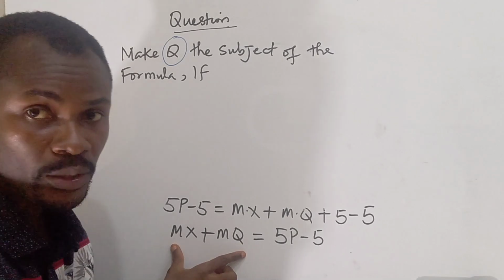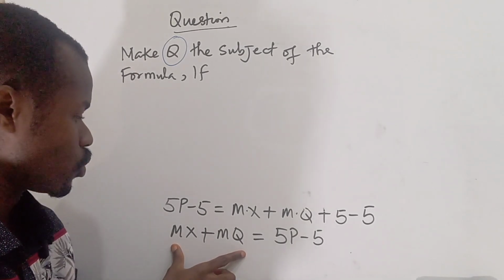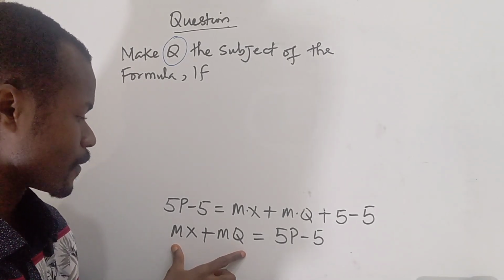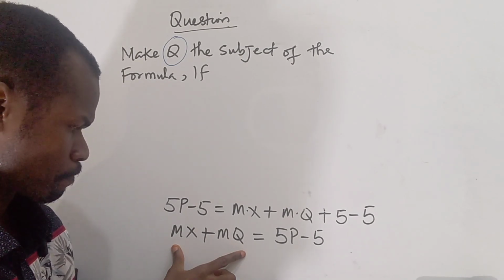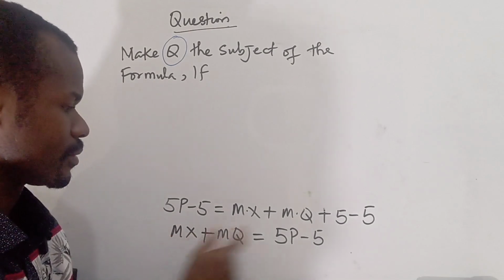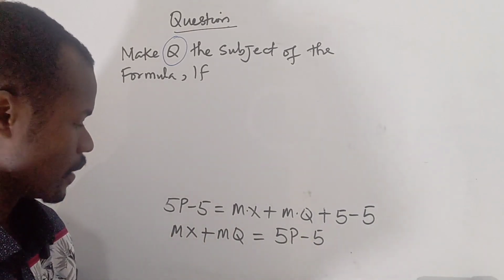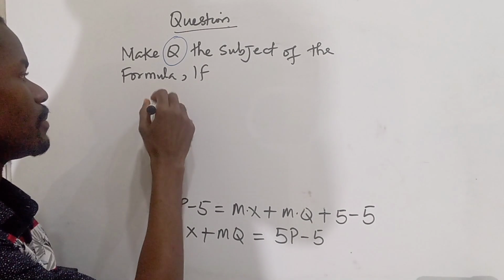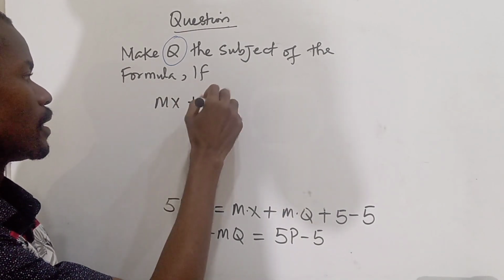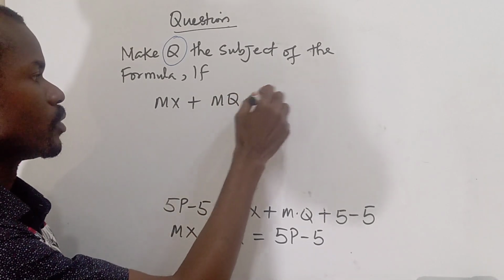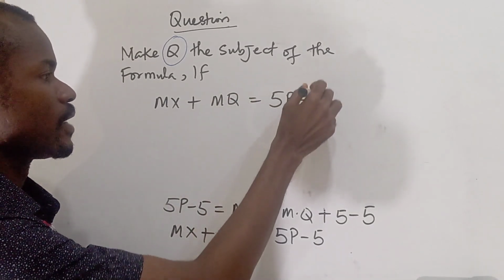Now let's see what we can do here. I think we can take this to the other side. So I have my mx plus mq is equal to 5p minus 5.